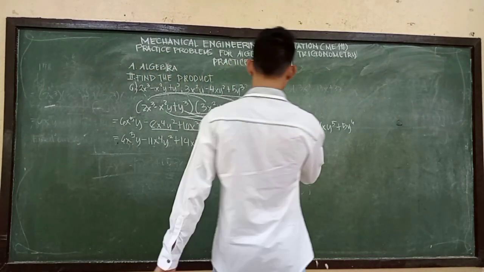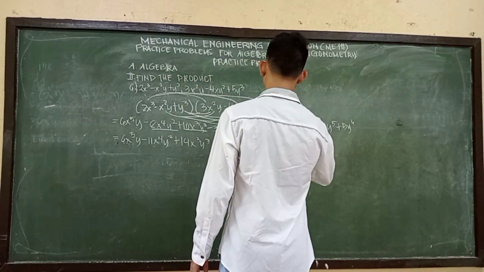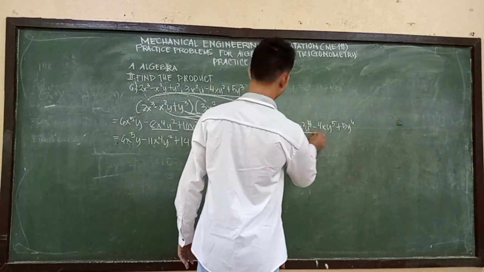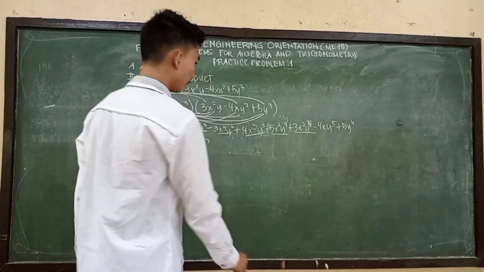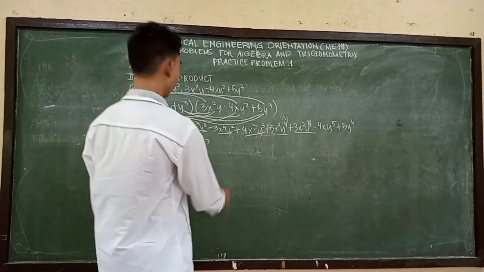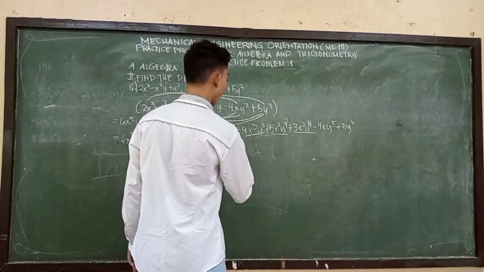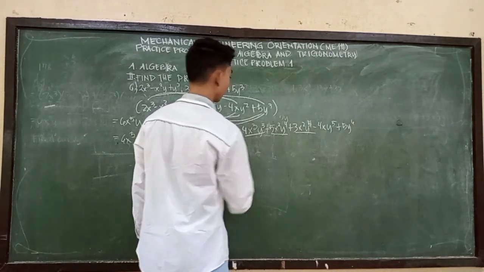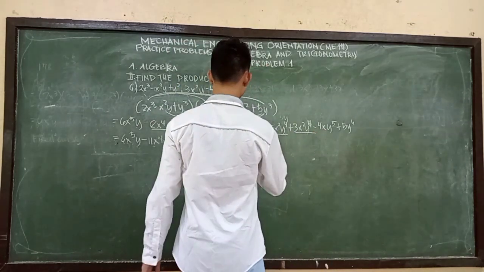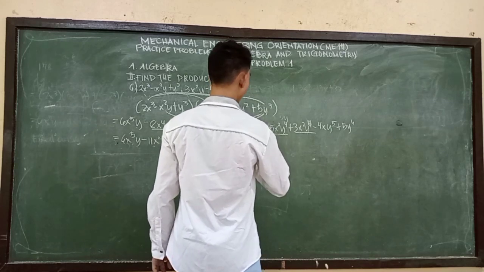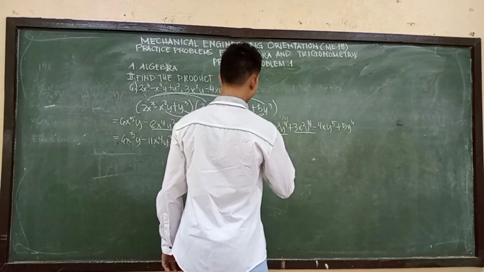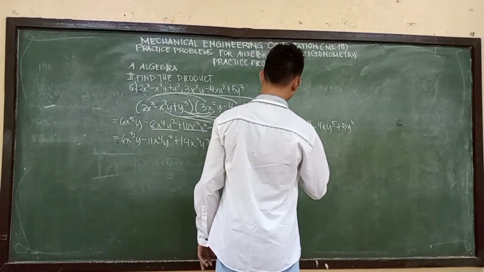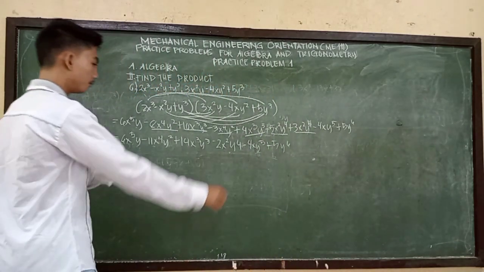And now negative 5x squared y to the fourth plus 3x squared y to the fourth will give us negative 2x squared y to the fourth. And then we will just copy negative 4xy to the fifth, and then 5y to the sixth power.